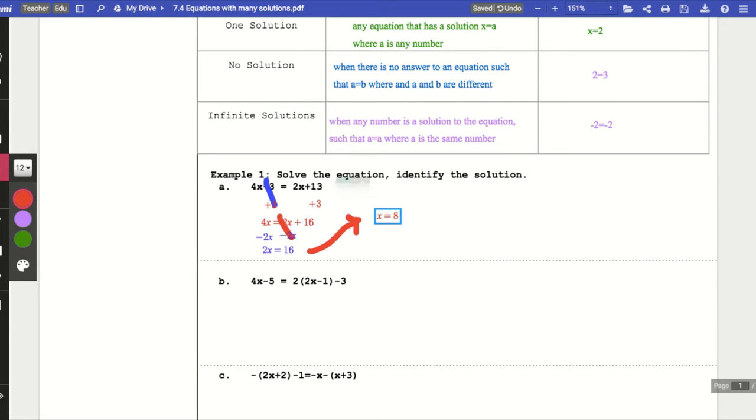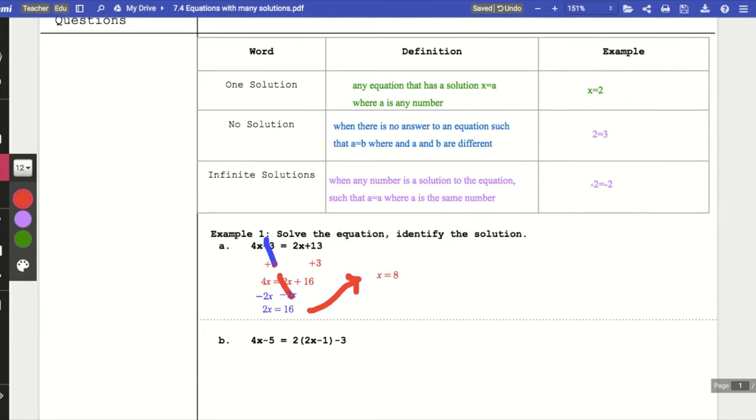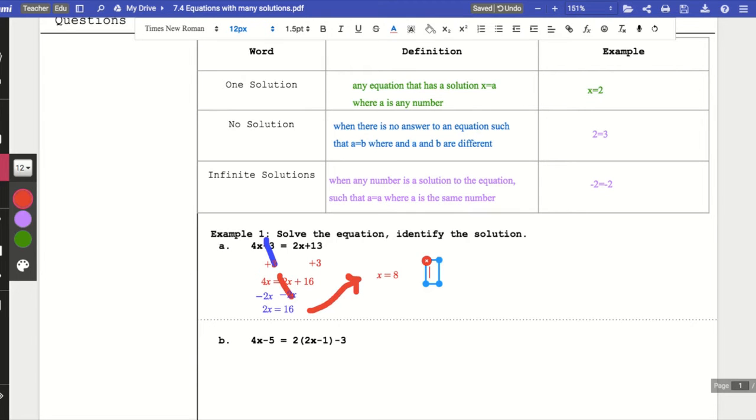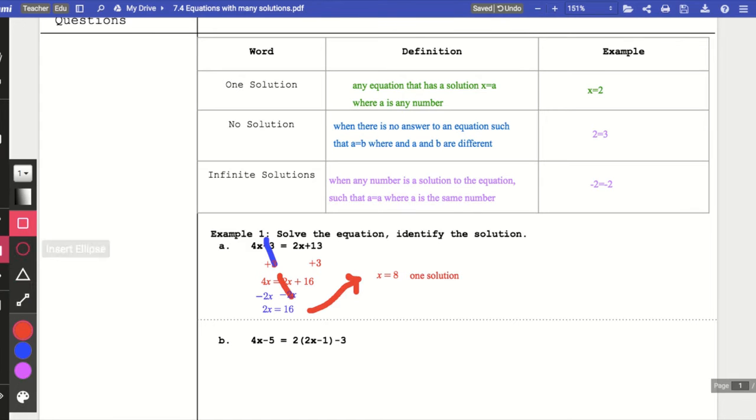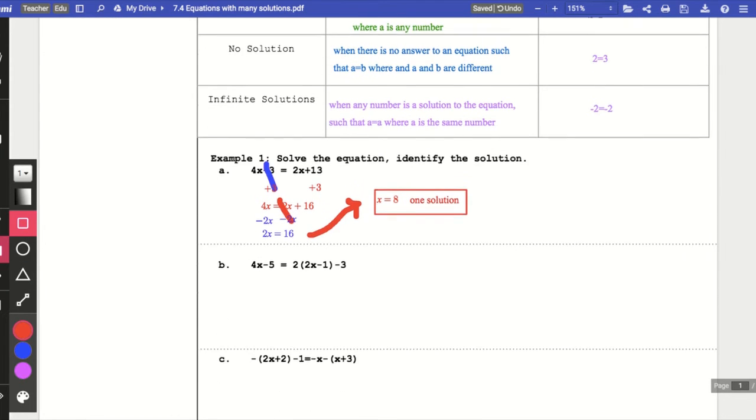Since I got x is equal to 8, that's one solution. So the additional step I'm adding now is writing one solution. That's all you have to do: find the solution and identify how many it has. Since I got one number, it's one solution.